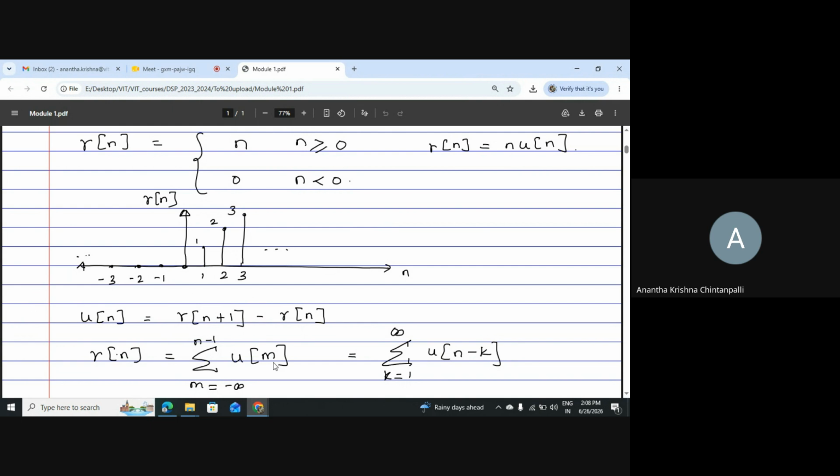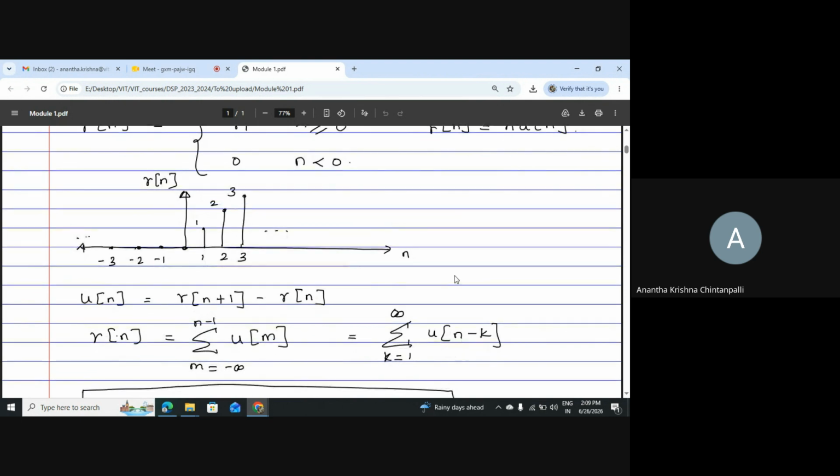Similarly, when you put n equal to 3, the summation will go from minus infinity to 2 of u of m. So u of 0, u of 1, u of 2. Each one of them has a value of 1, so it's 1 plus 1 plus 1. So it's going to be 3.